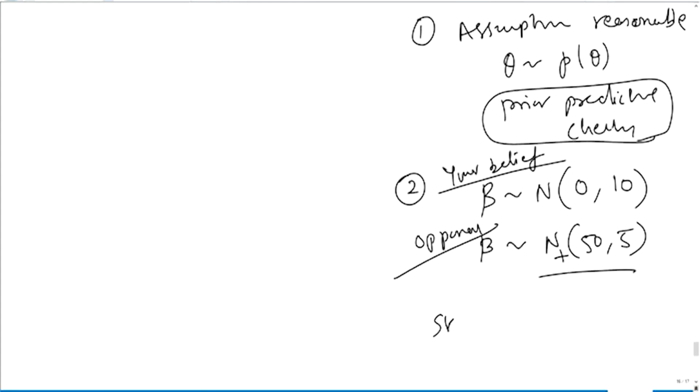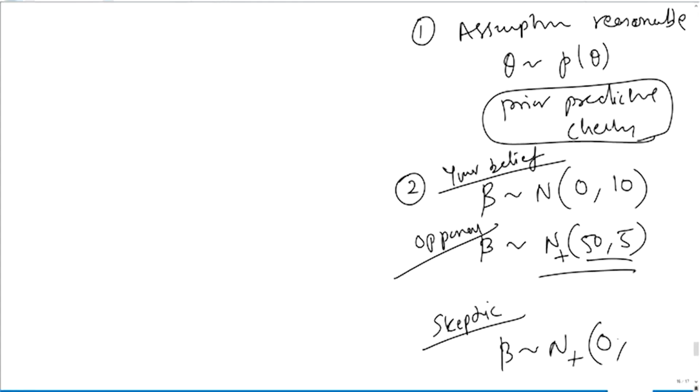Now, there is a skeptic in the field who says that, well, the effect of beta could be positive, but I do not think that the effect size is too large. The effect size has to be small. So, let's say this researcher says that beta is positive, but I don't know how big the effect size is.